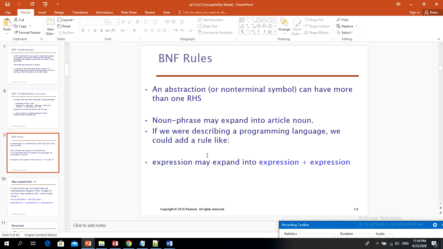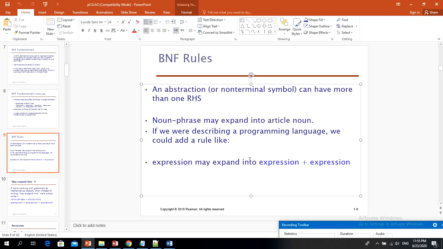So a noun phrase may expand into article noun. If we were describing a programming language, we could say something like this: expression may expand into expression plus expression. So expression might expand into more than one expression, two expressions, and we can use operators like this.